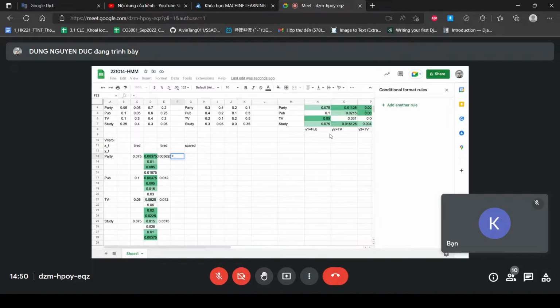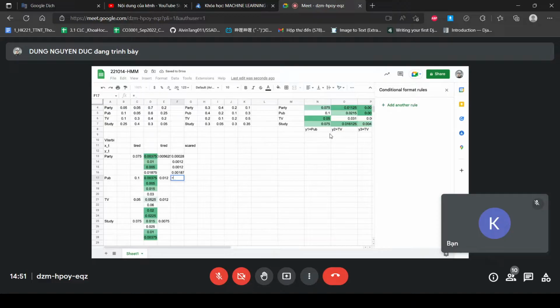So I'm going to have E13 multiplied with B4. That's the transition, and you keep repeating the process. So you have E17 multiplied with B5, equal to E21 multiplied with B6, equal to E25 multiplied with B7.